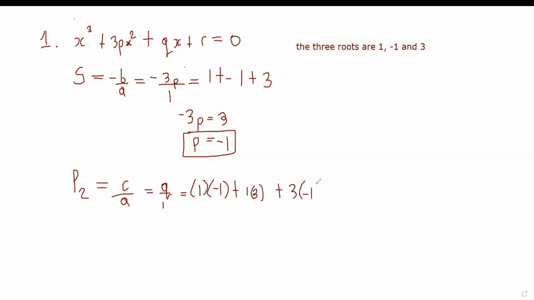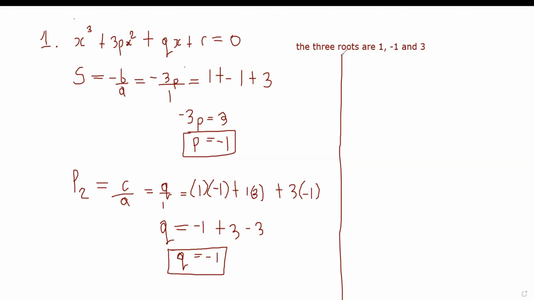So when we work this out, 1 times -1 is -1, 1 times 3 is 3, and 3 times -1 is -3, and so q is also equal to -1. Beautiful.